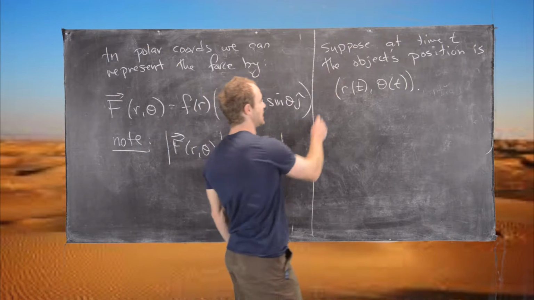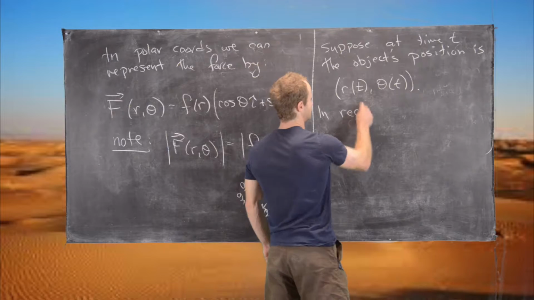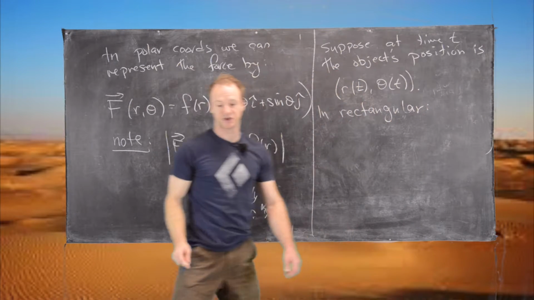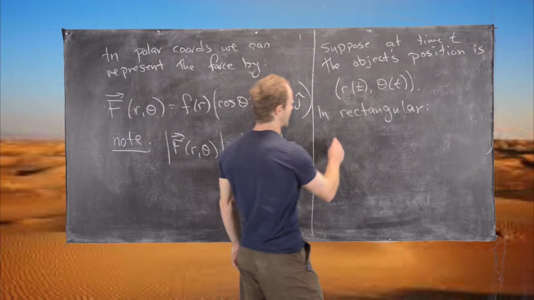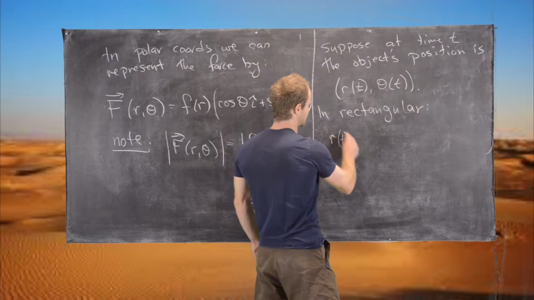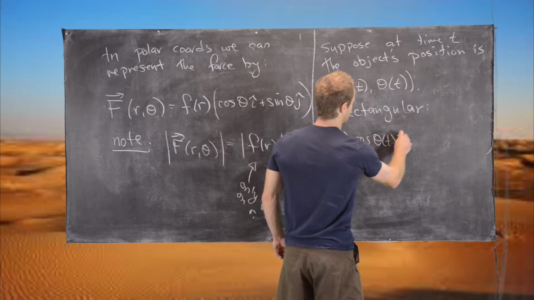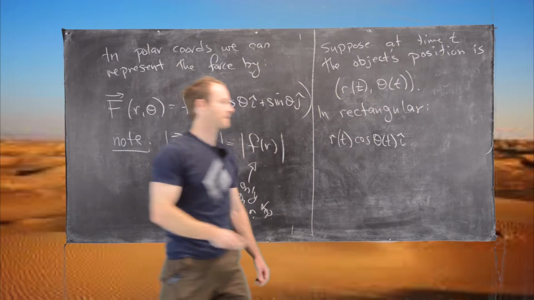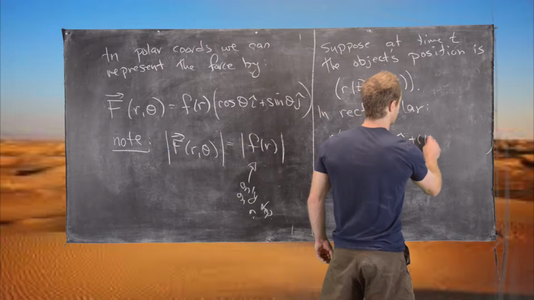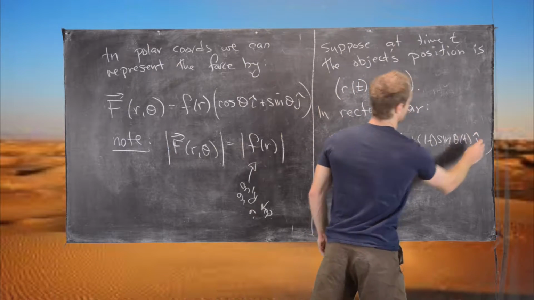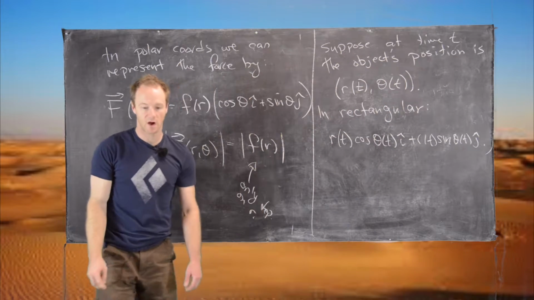Great. And then in rectangular coordinates, that position is given by r of t cosine theta of t in the i direction plus r of t sine theta of t in the j direction. Okay, great.